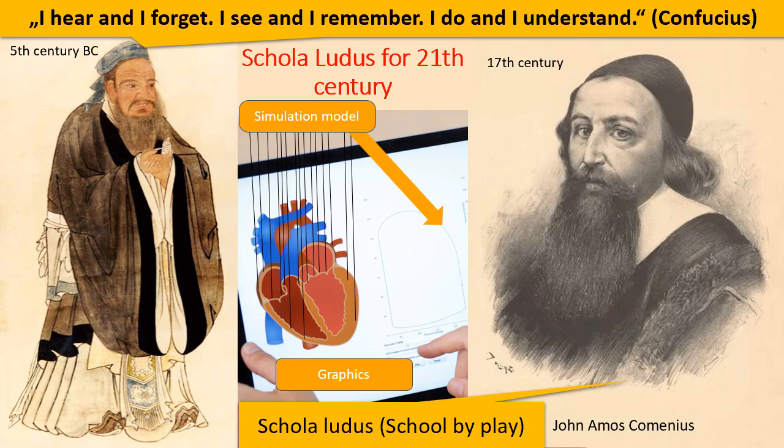Interactive simulation textbooks are a modern realization of old Confucian wisdom and an implementation of the continuous effort for playful teaching. Interactive simulation textbooks are a real schola ludus for the 21st century.